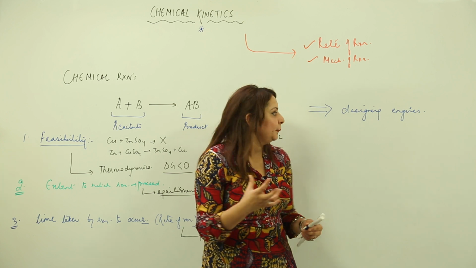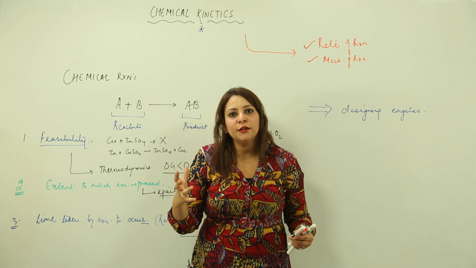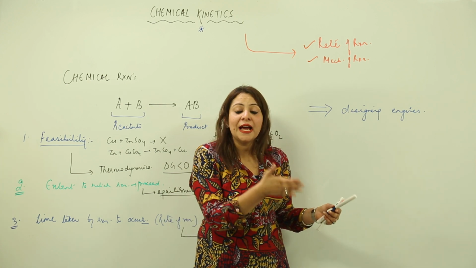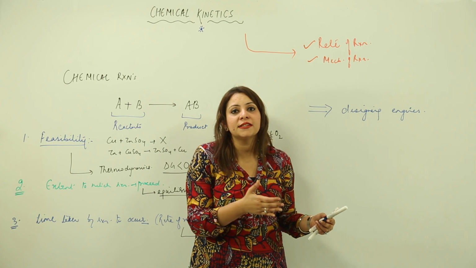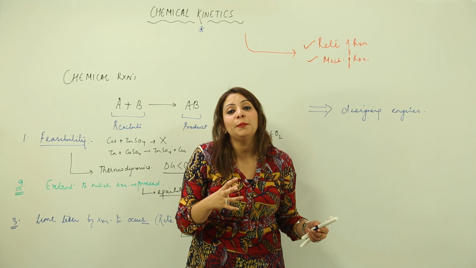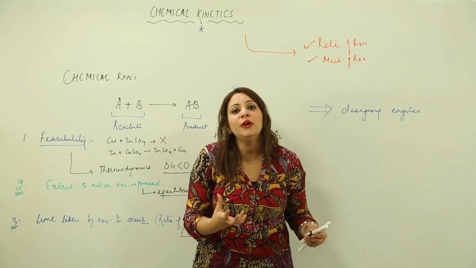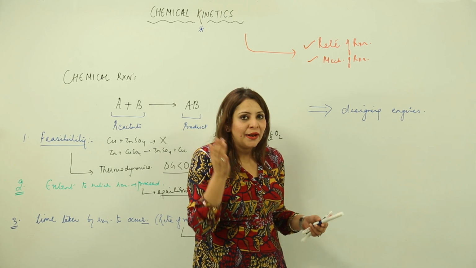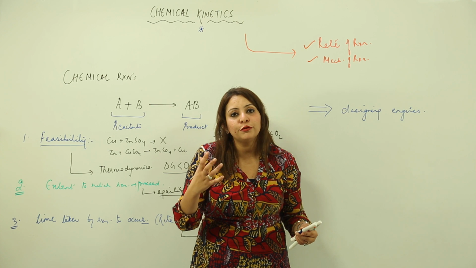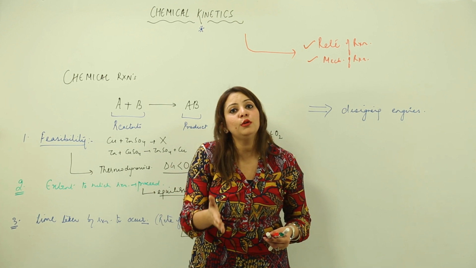Engines are actually designed depending upon the rate of burning of the fuel in the engines, so we have different kinds of engines in which a particular fuel is used.